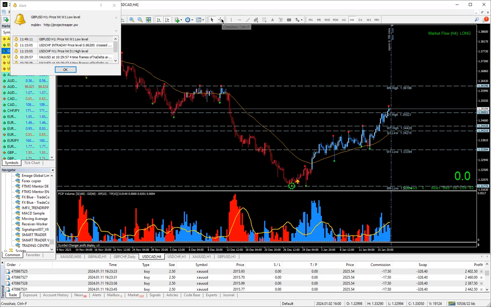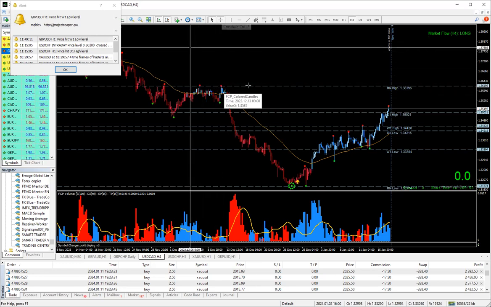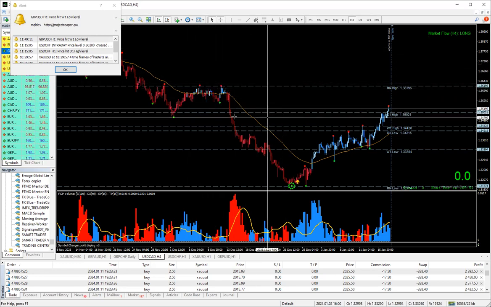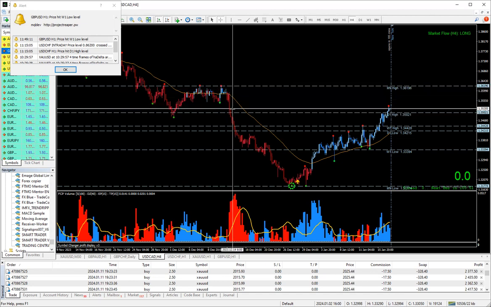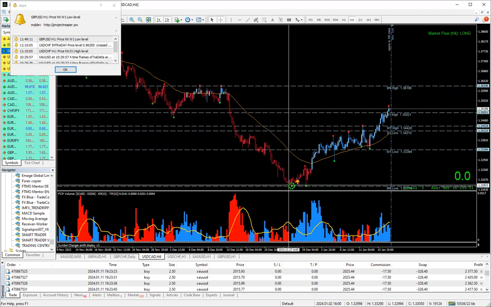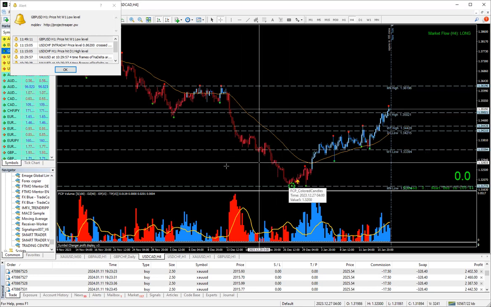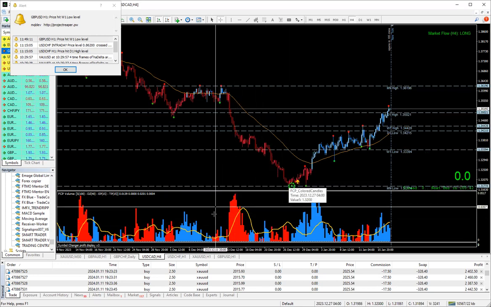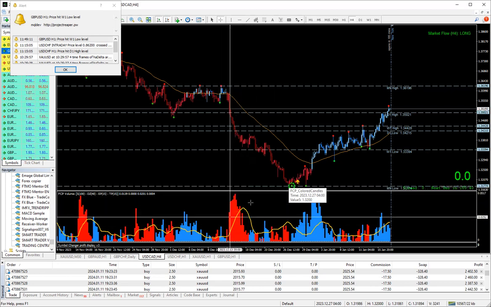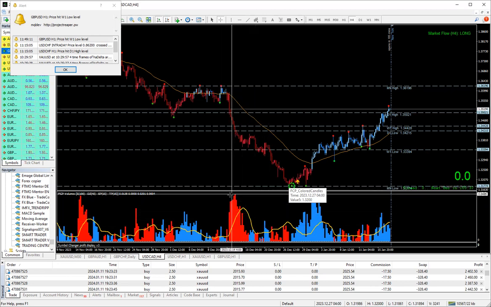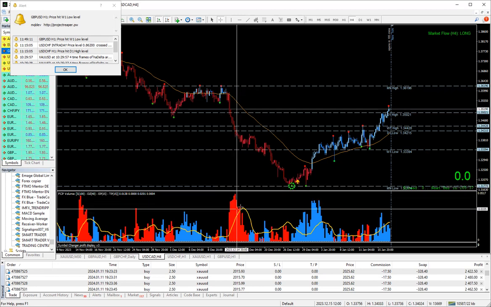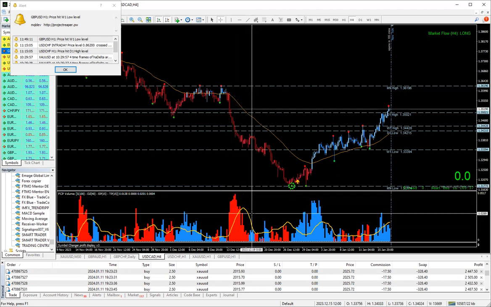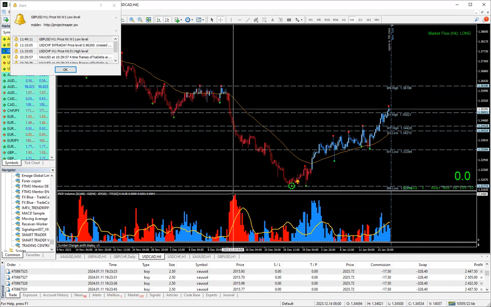If you look in depth at this level, as price pushed to the downside, the overall trend is to the downside. As price pushed down towards this level, you could see that bearish momentum followed through with bearish volume that was massive. Now looking at this bearish volume, this is the high.